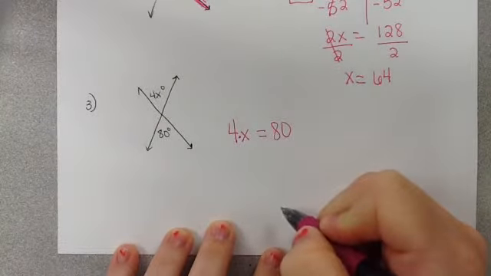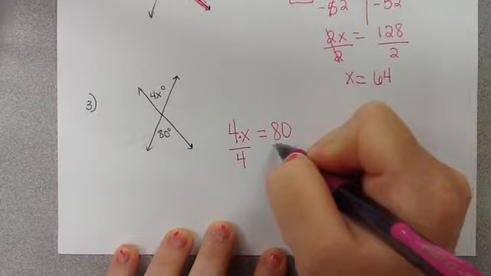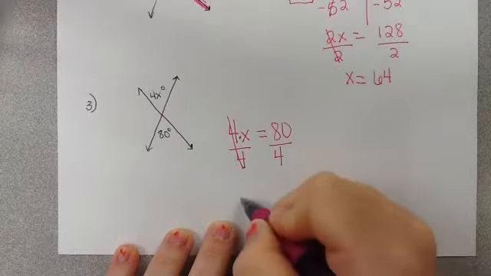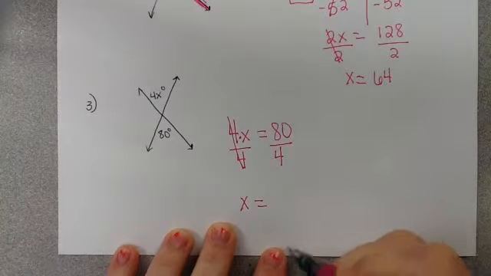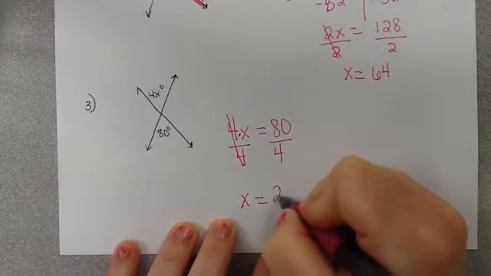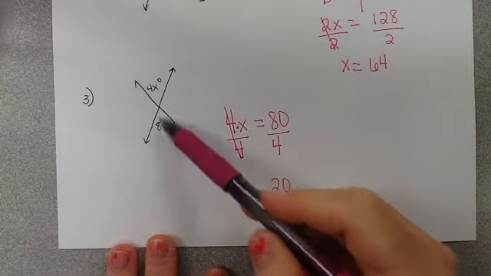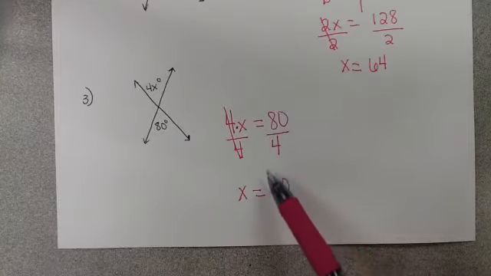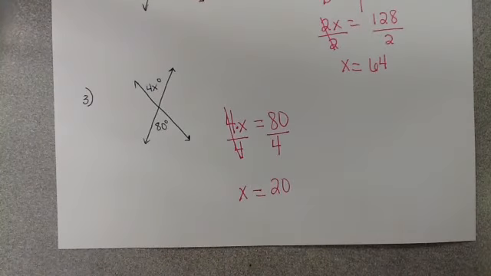How do I get rid of a times? Divide by 4. What I do on one side, I must do to the other. X must equal 20. If they are across from each other, vertical angles are equal, so I'm going to make them equal. Solve for x. Nice job today, mathematicians.